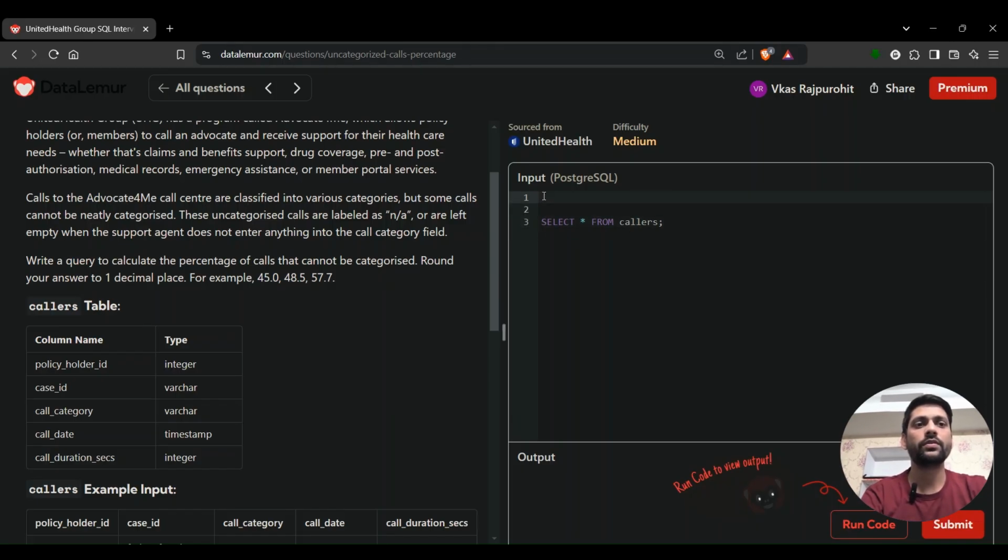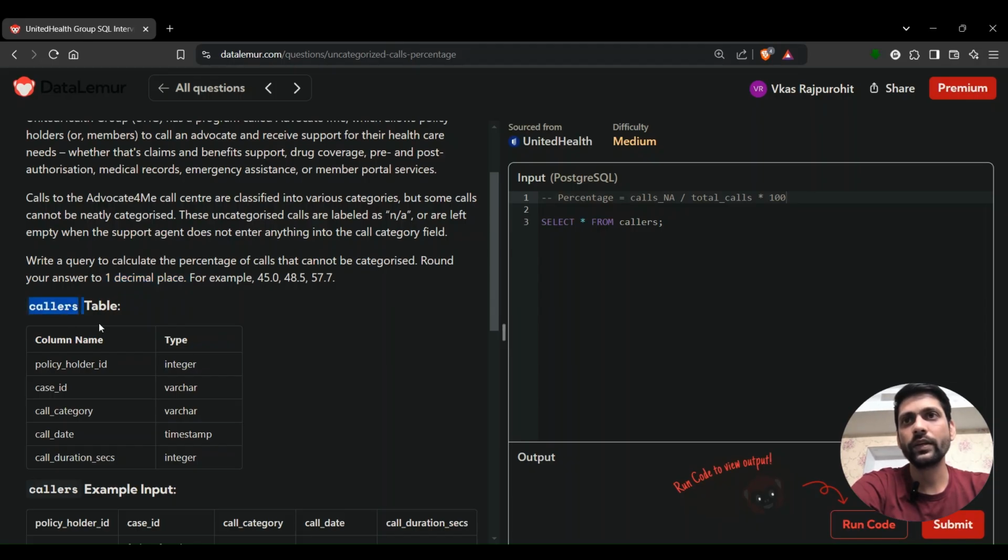This is the simple formula: percentage is equal to total unclassified calls divided by total calls, then simply multiply by 100. This is simple maths. Then we also need to round the answer to one decimal. So after calculating the percentage, you will simply apply the round function.